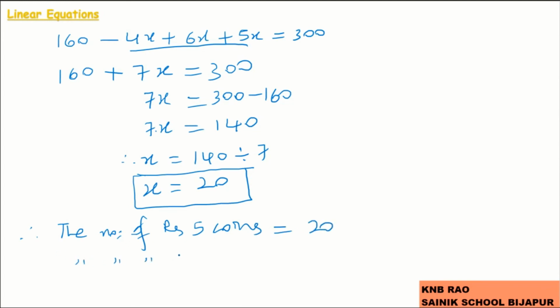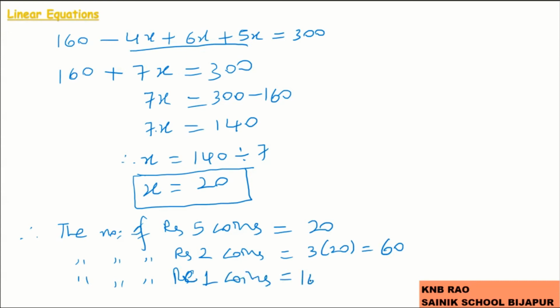The number of rupees 2 coins is 3 times of 20, which is nothing but 60, and the number of rupee 1 coins is 160 minus 4 times of 20, which is nothing but 160 minus 80 gives 80. So this is the conclusion of this question.